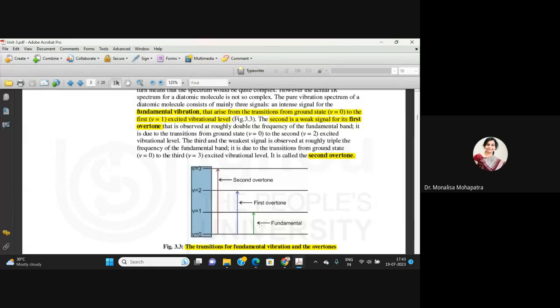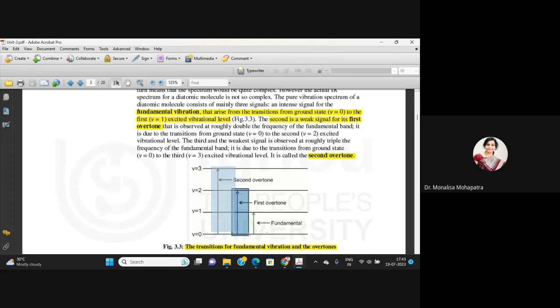So the first transition, V0 to V1, will show you the fundamental band in your IR spectrum. However, when you get a band due to the V0 to V2 transition, you get the first overtone.